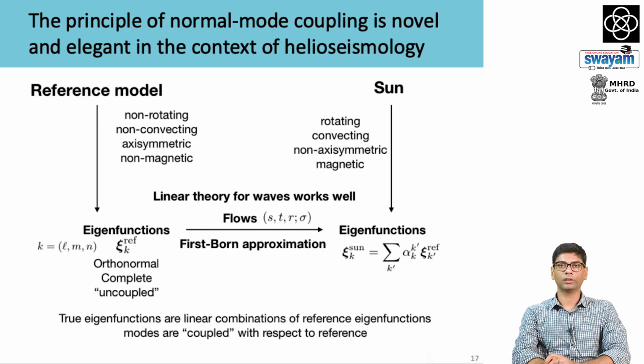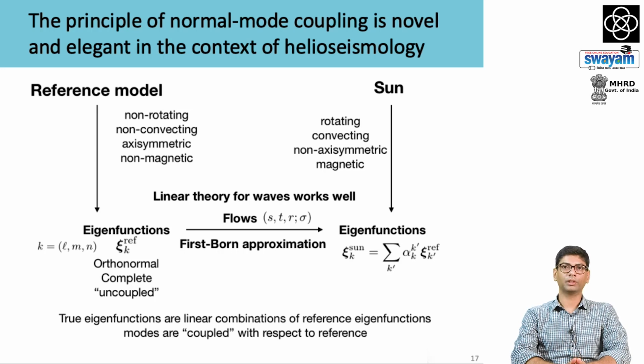And there are these constants, or weights or coefficients, alpha, superscript k prime, subscript k. These are known as coupling coefficients. And so the eigenfunction of the sun is a weighted combination of the eigenfunctions of the reference model, and the weights are known as coupling coefficients.